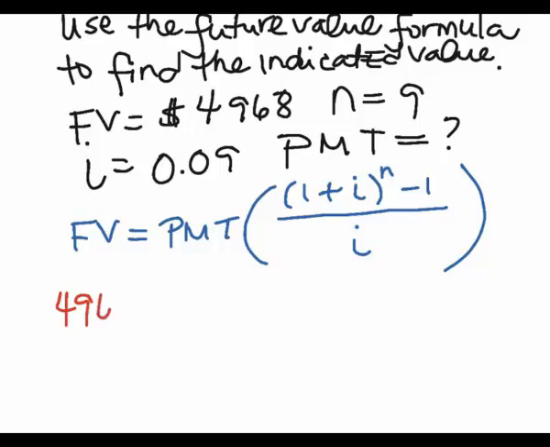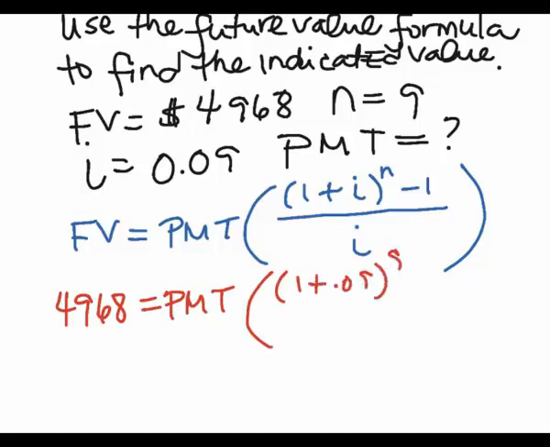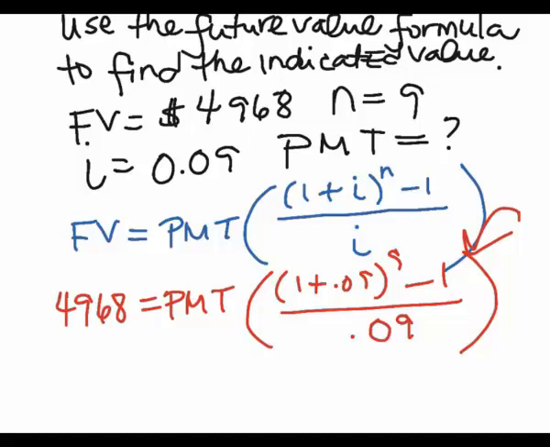We are looking for payment, so I'm going to leave that PMT. 1 plus 0.09 to the 9th power. My 9's come out so bad. Minus 1 all over 0.09. Okay, so what I would try to do first is try to simplify this, okay? Go ahead and put in your calculator. Open up parentheses, 1 plus 0.09, close parentheses, raise to the 9th power, then subtract 1, then divide by 0.09.